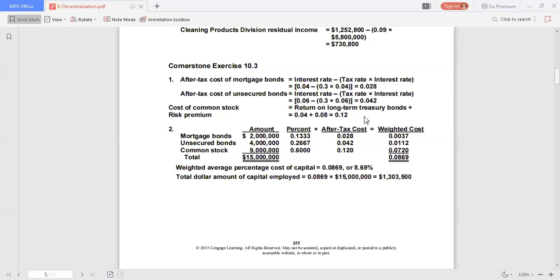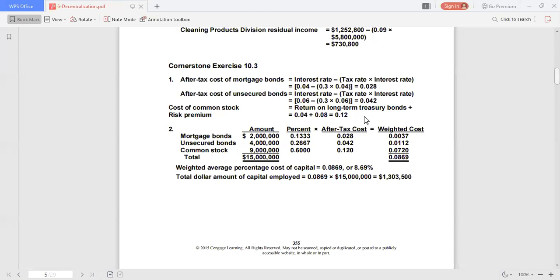And the after-tax cost computed in number 1, we have 0.028, 0.042, and 0.120. And the weighted cost is taken by multiplying 0.1333 by 0.042, no? 0.2667, that's the percent.